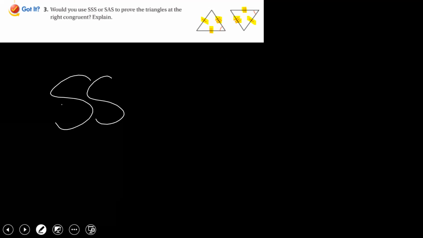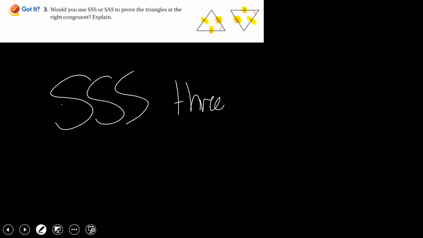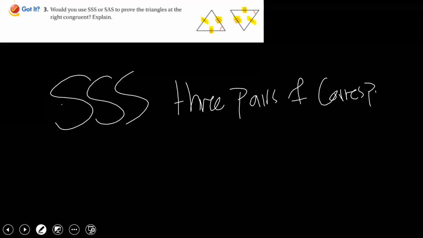So the first step, I can use SSS. Why? Because we have three pairs of corresponding sides. Let's check now SAS. Where's an angle? In the first triangle, it's between two sides.